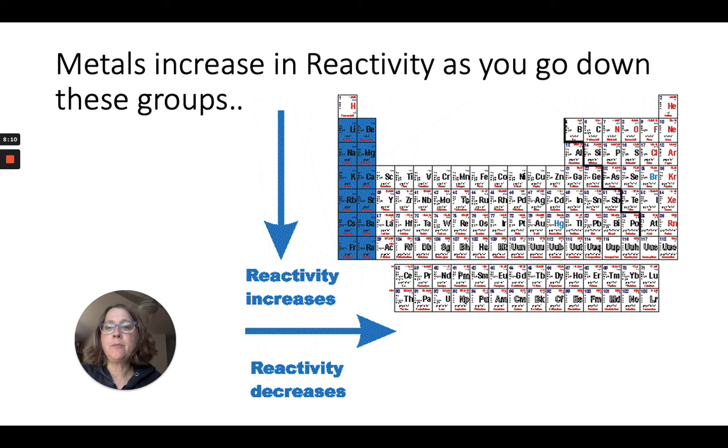So again, to summarize, metals increase in reactivity as you go down these groups, but then as you go across, they decrease. In fact, the transition metals that come next are not nearly as reactive, and you can understand that because most of the transition metals are things we use in buildings like iron, or in jewelry like gold and silver, and we certainly don't want those things to react.